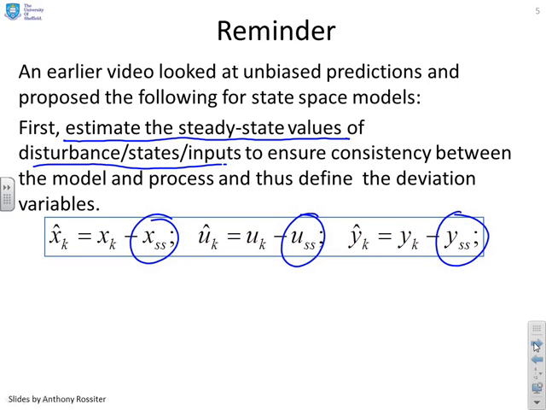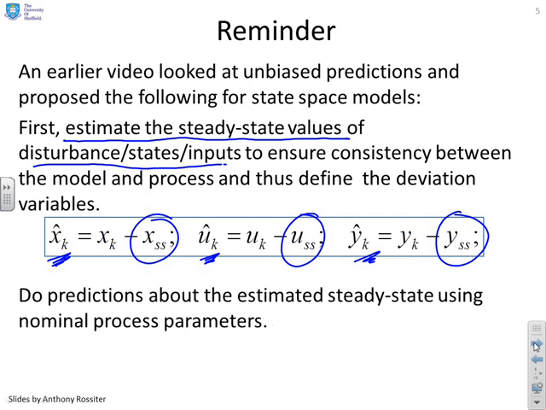And from that, we define deviation variables x hat for the state, u hat for the input, y hat for the output. And what you'll notice is these deviation variables which we've used in our prediction model are exactly the same deviation variables we want for our performance index.